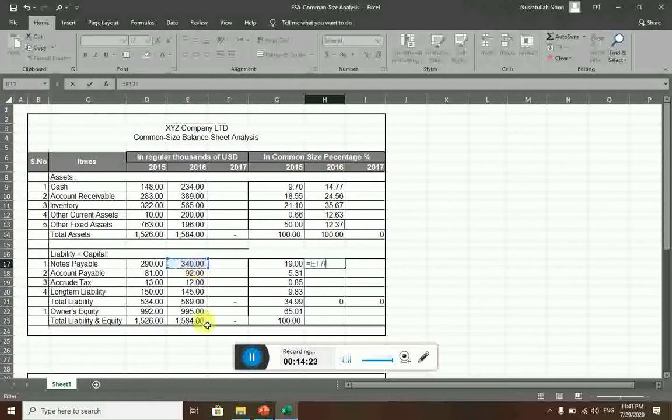Total divided by grand total multiplied by 100.